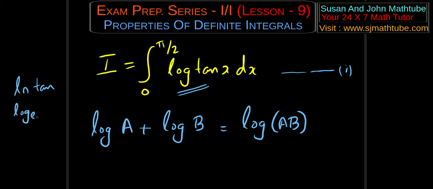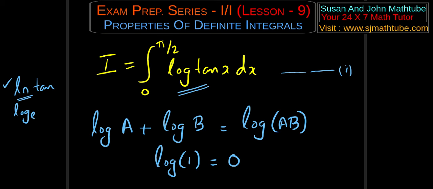In many books, they are not specifying log to the base e because they expect us to understand log being used as the natural logarithm in calculus. Okay, now point number 2, logarithm of 1 is equal to 0.